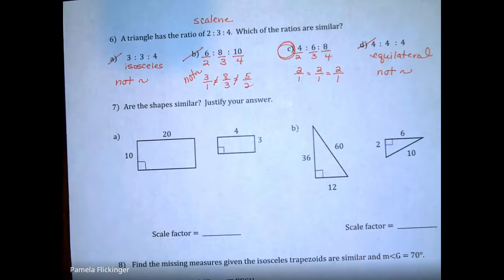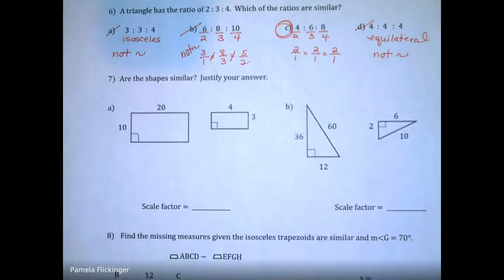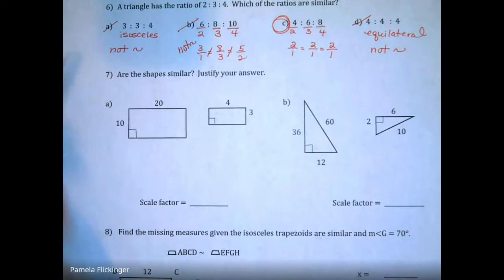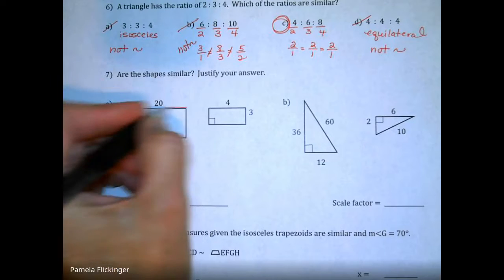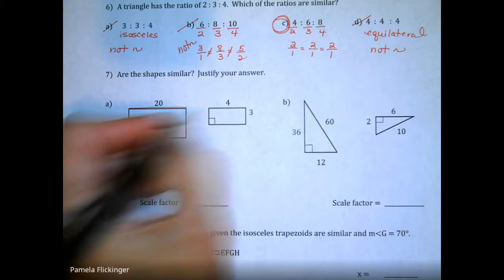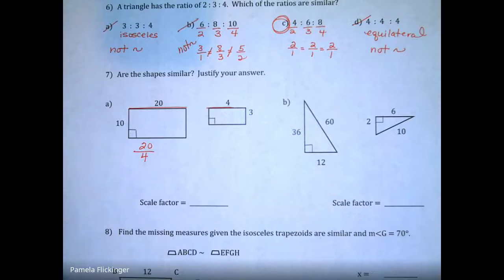When you're asked to determine, are these shapes similar? You're going to make sure that you put corresponding sides. Now, if they don't give you a similarity pattern, then you have to use common sense. The right angle tells me that these are both rectangles. So obviously the longest side, the 20, is going to go over the longest side of the other rectangle.